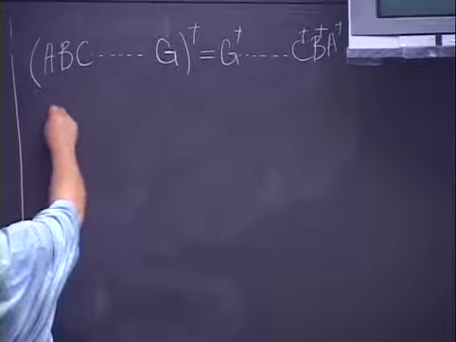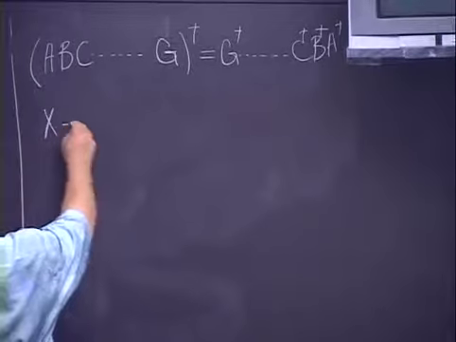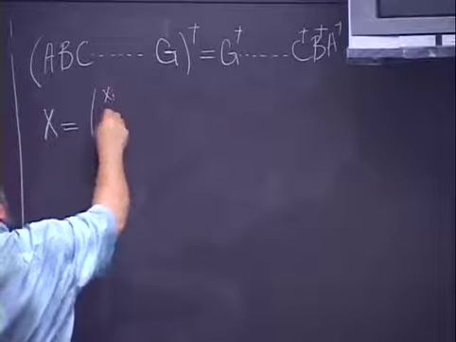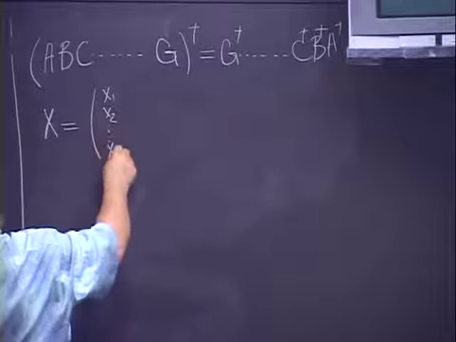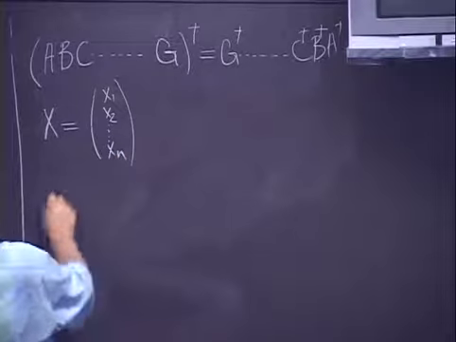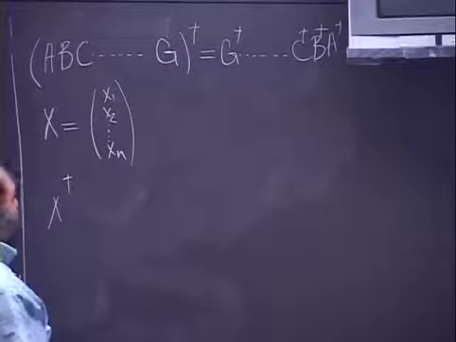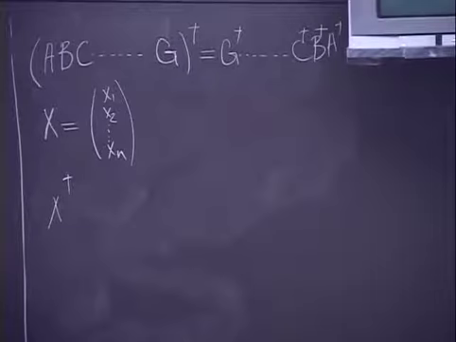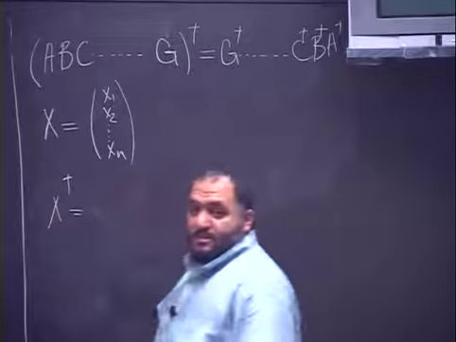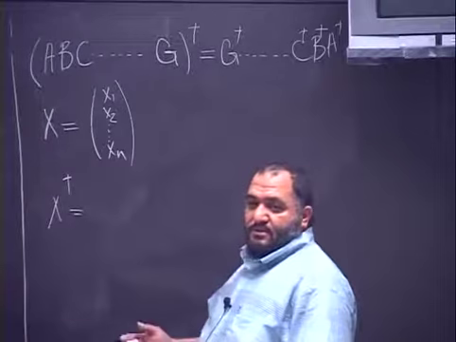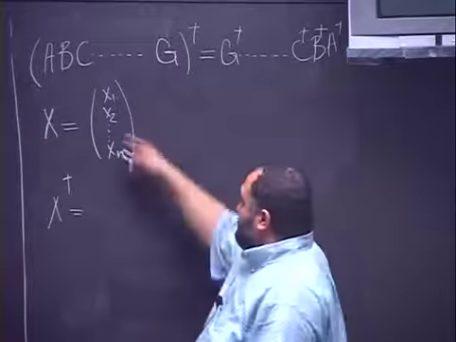Again, we have X equal to X1, X2, up to Xn. What do you think X dagger, or the adjoint, will be? So transpose this.